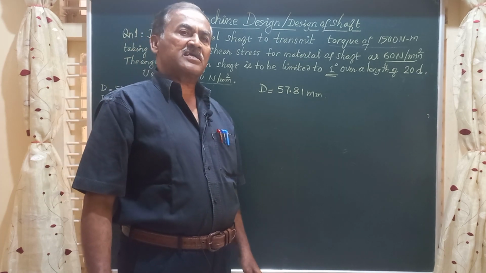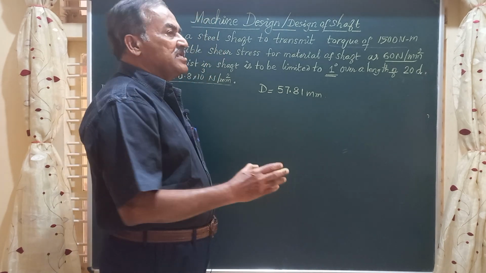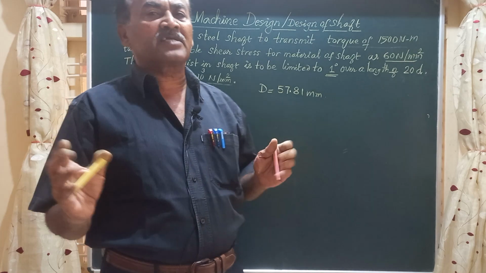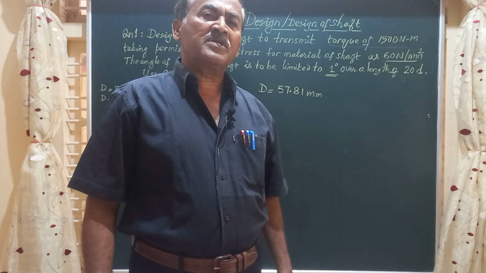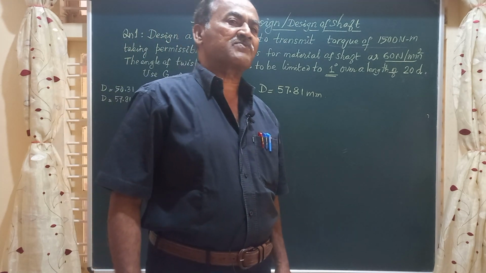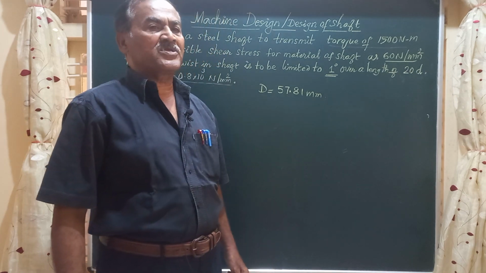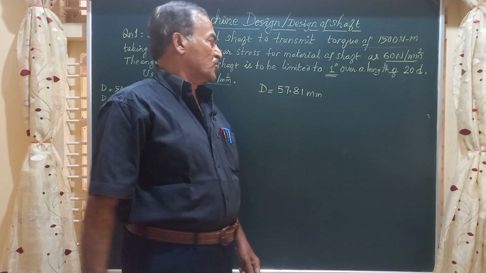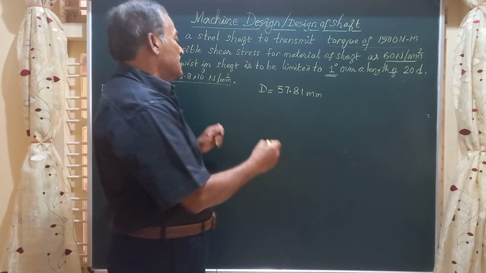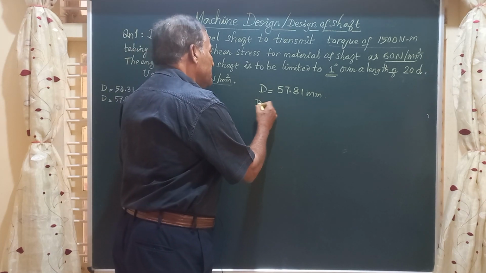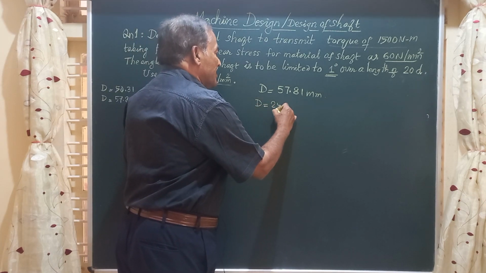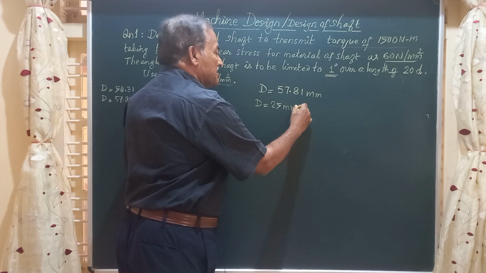But generally, as designers, there is a table in the machine design data handbook which will give the values of standard sizes of the shaft. But as a thumb rule, generally the minimum value of D will be 25 millimeter for power transmission.